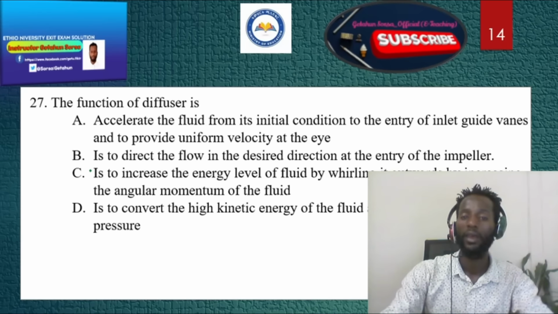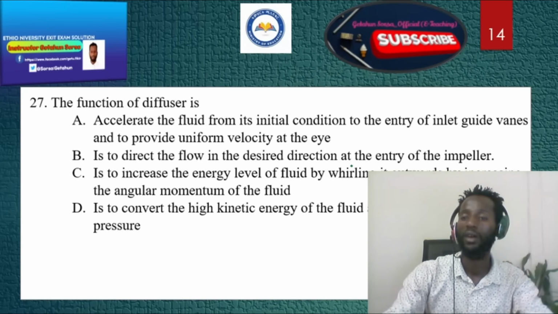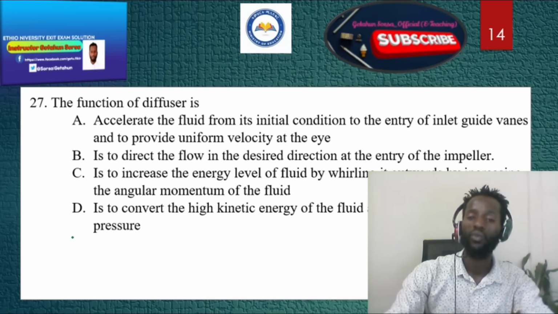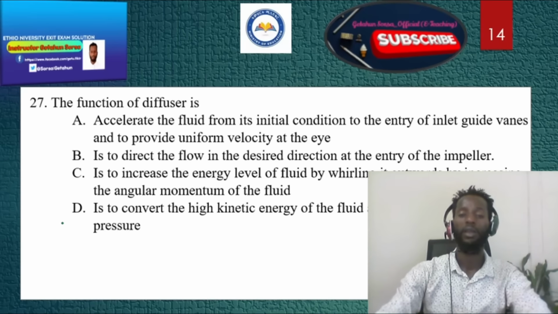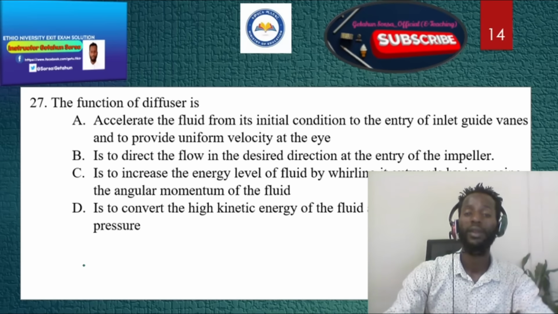B. It is to direct the flow in the desired direction at the entry of the impeller. C. The function of the diffuser is to increase the energy level of the fluid by whirling it outward and increasing the angular momentum of the fluid. And D. It is used to convert the high kinetic energy of the fluid at the impeller outlet into static pressure. So which of the listed options is the function of the diffuser?